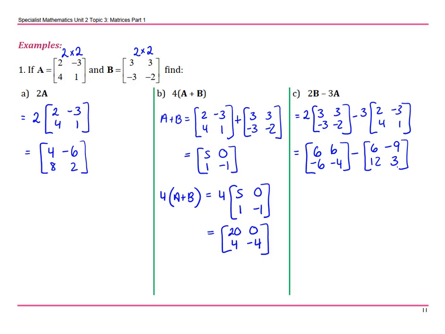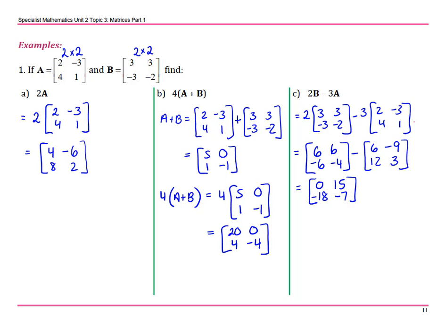Now note, I could have made a plus and multiplied all of that matrix A by -3. So I've left the minus there. So 6 minus 6 is 0. 6 minus -9 becomes 6 plus 9 is 15. -6 take 12 is -18. -4 take 3 is -7.